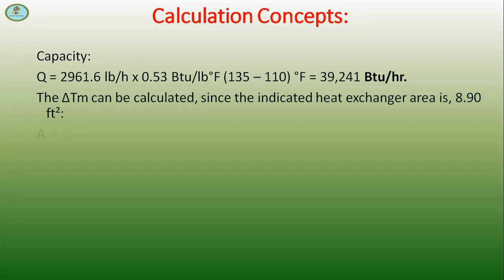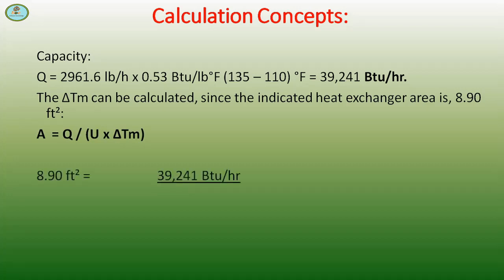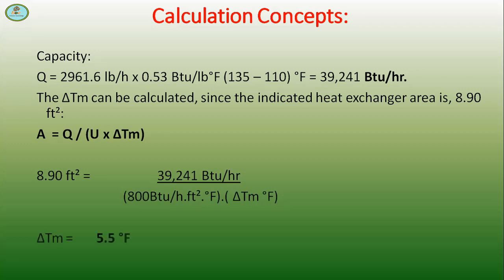So A is Q upon U into delta Tm. So 8.90 is equal to 39241 divided by 800 into delta Tm. So delta Tm is 5.55 degree Fahrenheit.